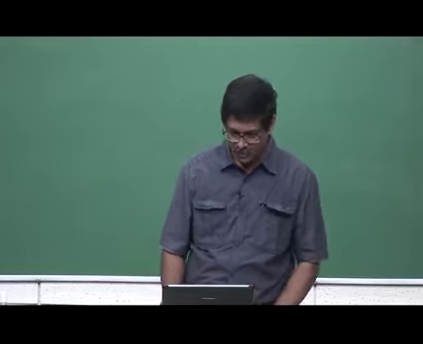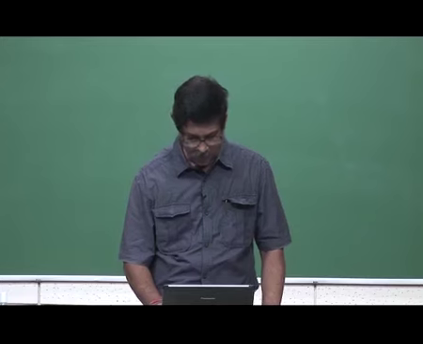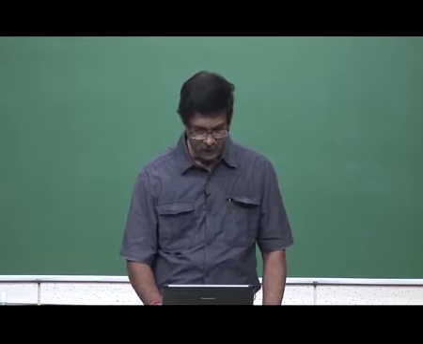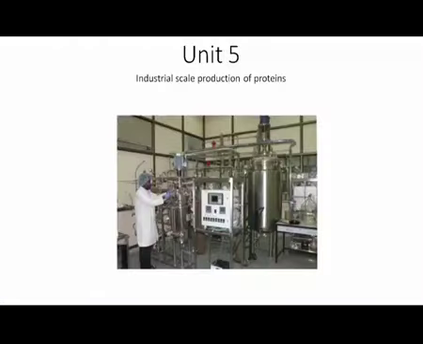So, I will proceed with the first one, which is module 5, industrial scale production of proteins. In this particular picture, as you can see, there are a large number of plants and controllers and a person working somewhere there, and these barrel shaped stainless steel compartments are the ones in which proteins are being produced on industrial scale.